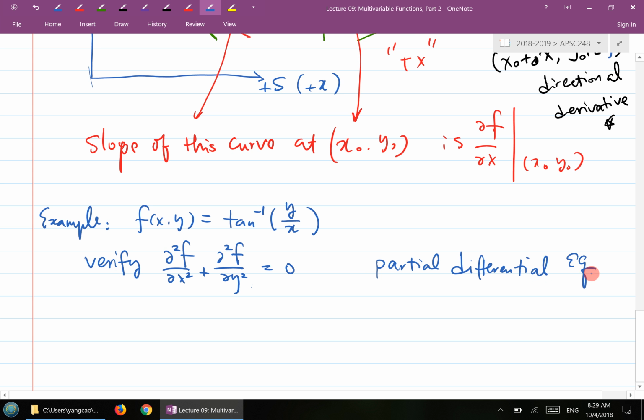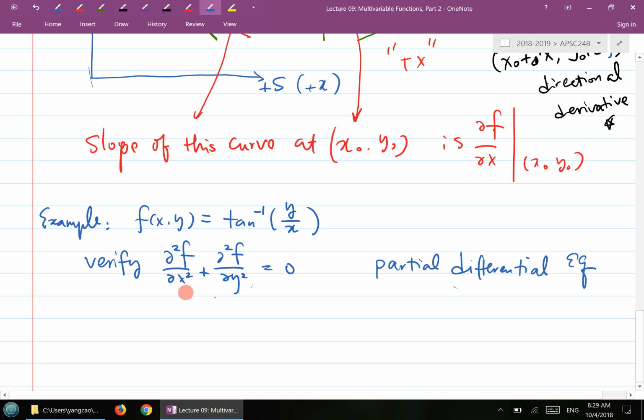And right now in 246, you're learning ordinary differential equations, so solving a differential equation which consists only of a function of a single variable. You're learning how to solve that, and you get an analytical solution, right? Very similarly, you can have a second order or even higher order partial differential equation.